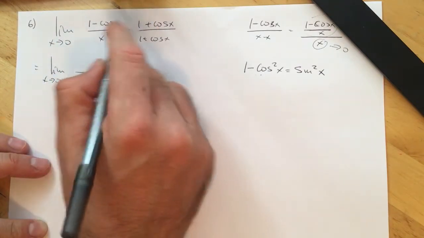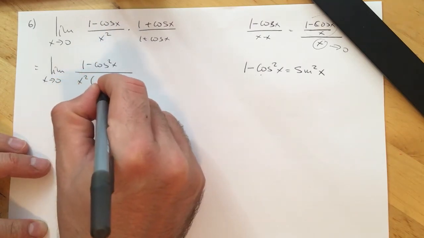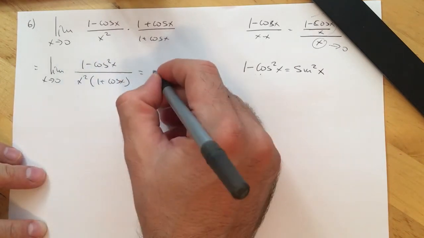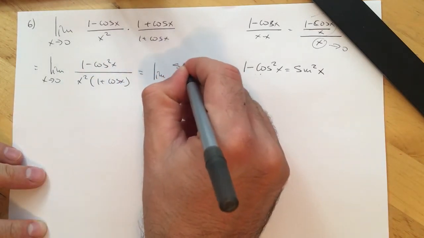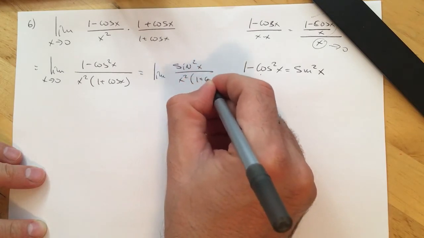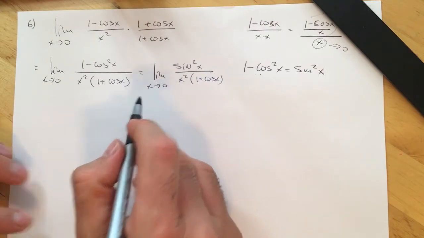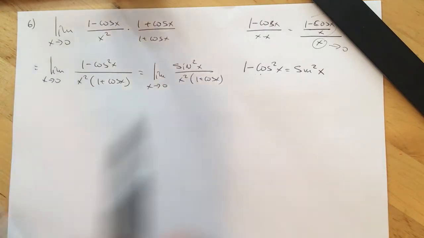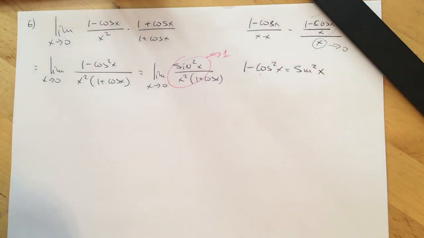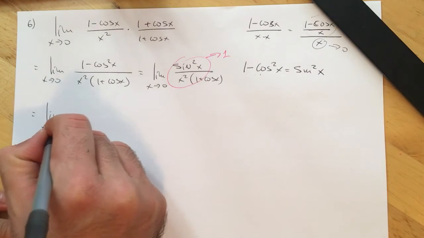So that's the difference of squares: (1 minus cosine squared of x) over x squared times (1 plus cosine of x). 1 minus cosine squared of x is sine squared of x over x squared times (1 plus cosine x) as x goes to 0. If you cannot notice right away that this goes to 1, then take one extra step.